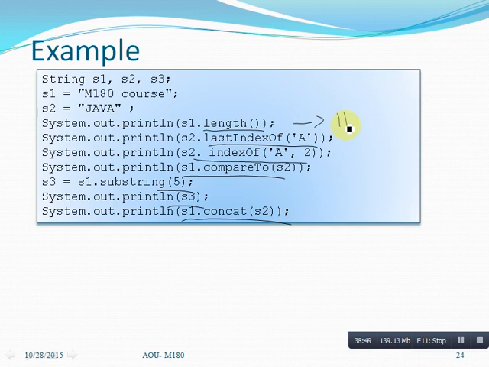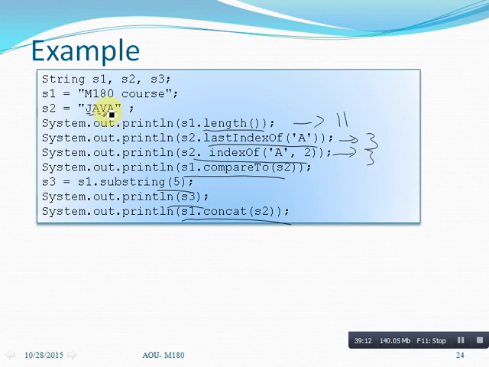S2.lastIndexOf('a'): the last index of a is the last one, 3, counting 0, 1, 2, 3. S2.indexOf('a', 2) is again 3, starting from 2, from here the index is 3.